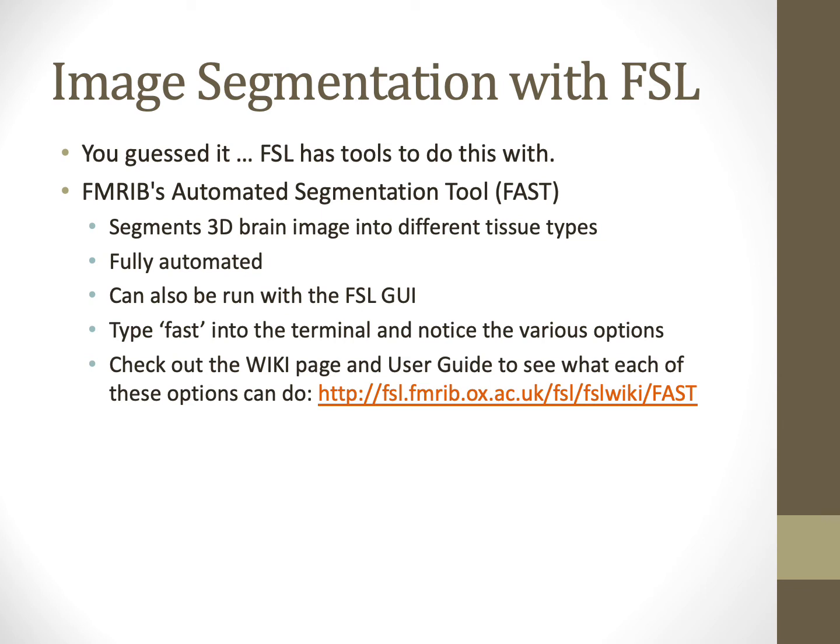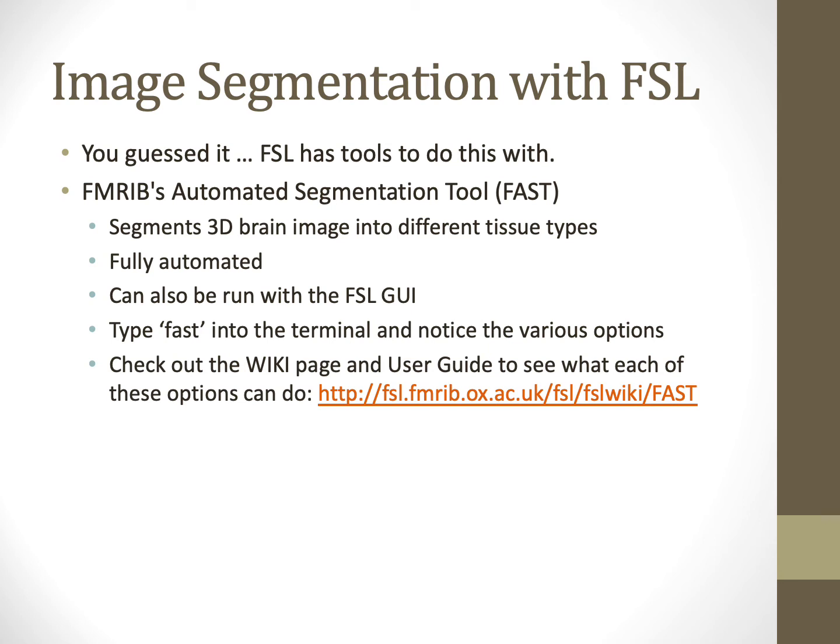So how do we perform image segmentation? And you guessed it, FSL has tools to do this. In particular, we will focus on the FMRIB's Automated Segmentation Tool, or FAST for short, which performs 3D segmentation into different brain tissue types.